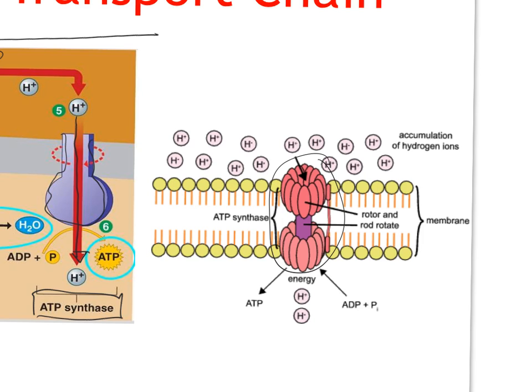What actually happens is that the hydrogen ions that are building up here diffuse through this ATP synthase, and as they do, the flow of these hydrogen ions rotates part of the membrane protein ATP synthase. As it rotates, the ATP synthase catalyzes the synthesis of ATP.